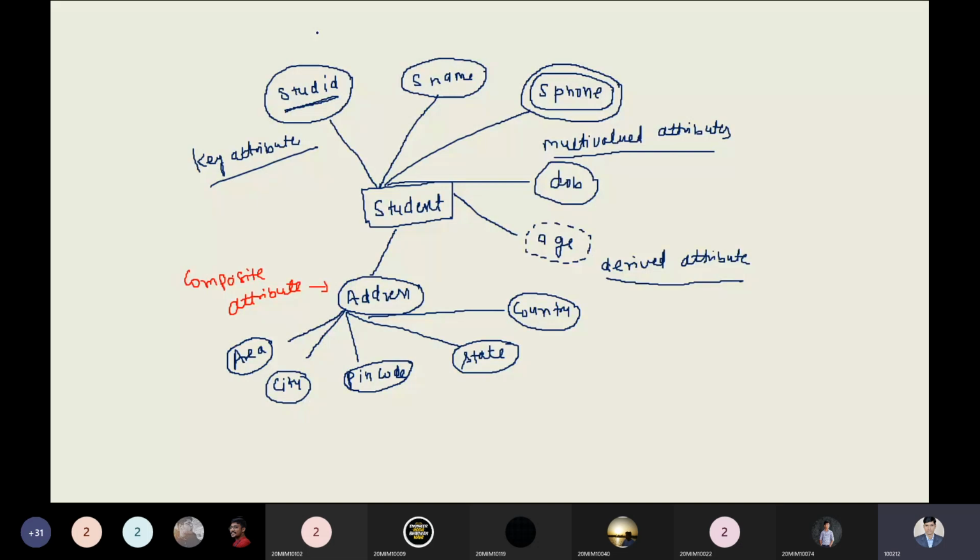So the composite attribute I can write over here: expanding the details of an attribute into its sub attributes is known as a composite attribute.